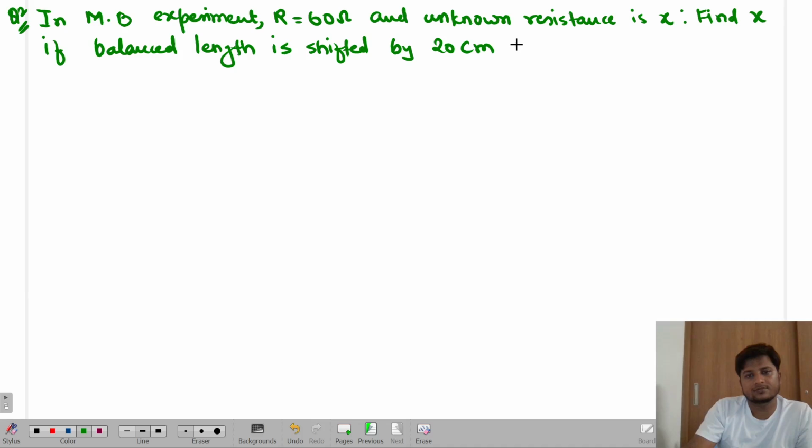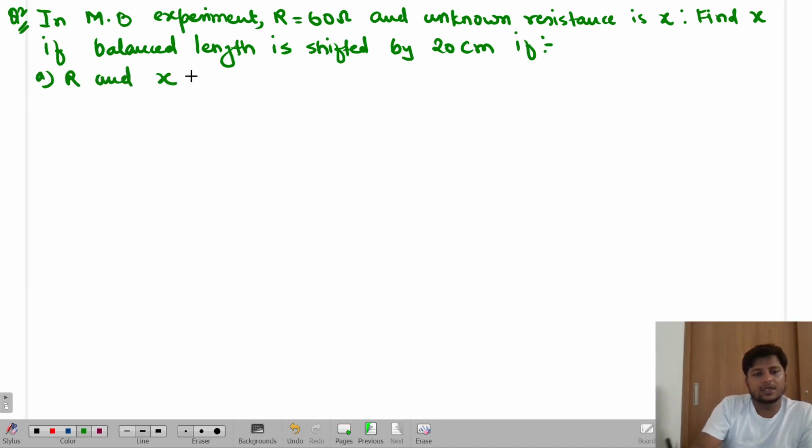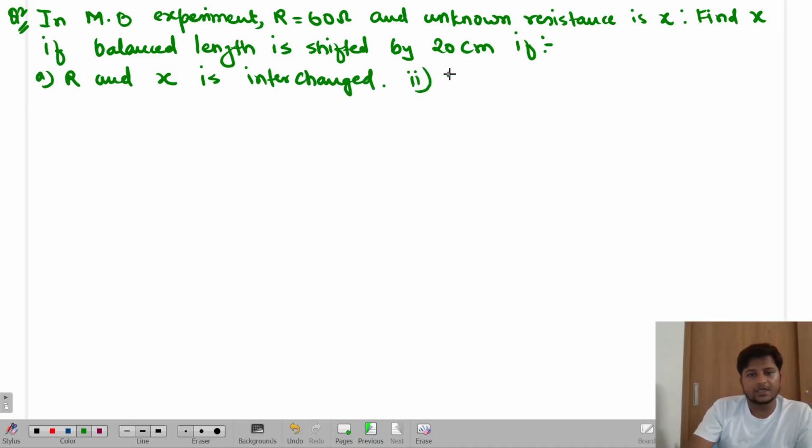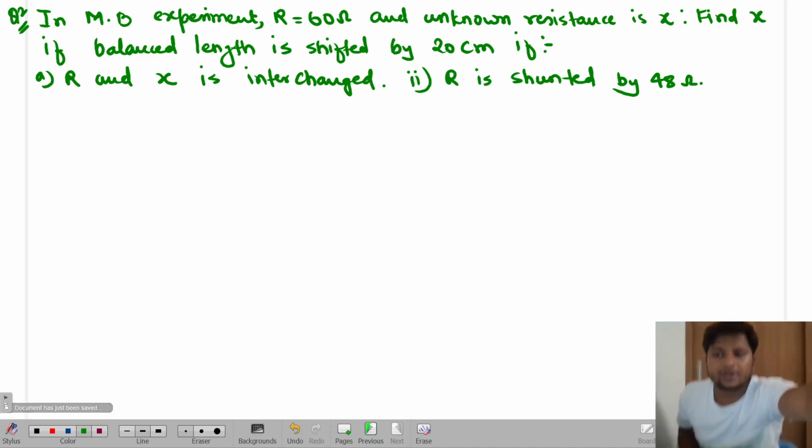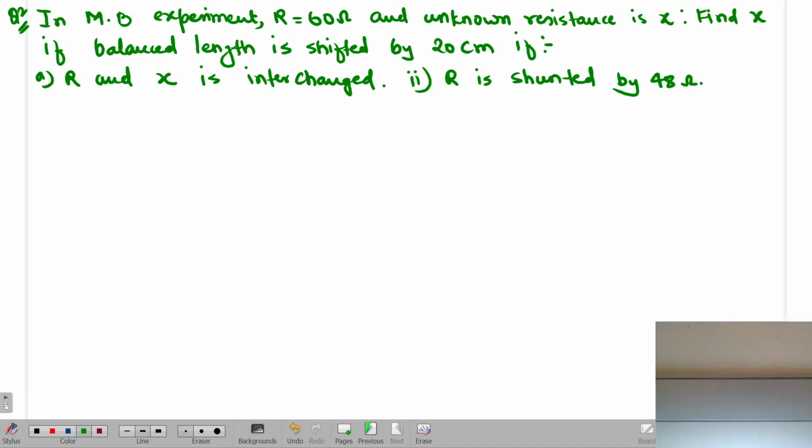Case 1: R and X is interchanged. Second case: R is shunted by 48. Do it fast. One minute, I'll take some break, okay? Do it fast, okay?